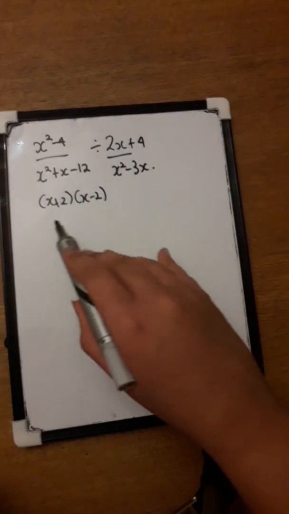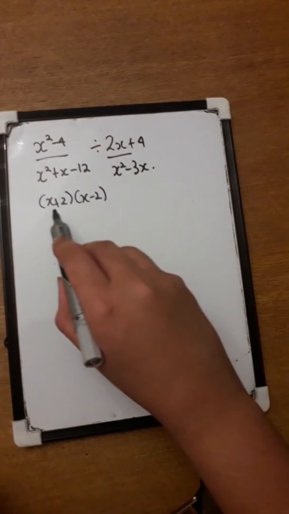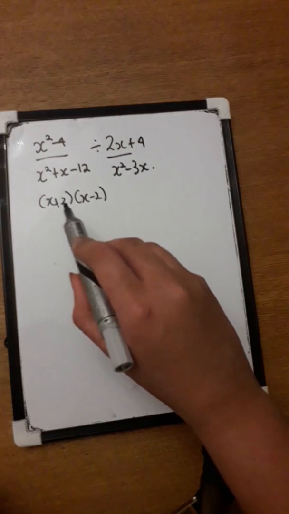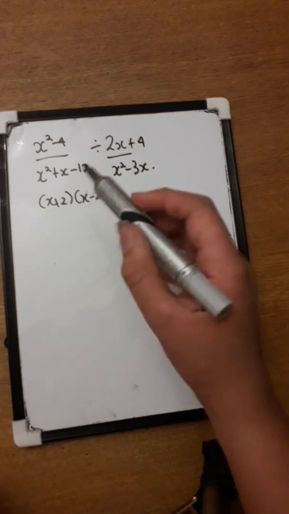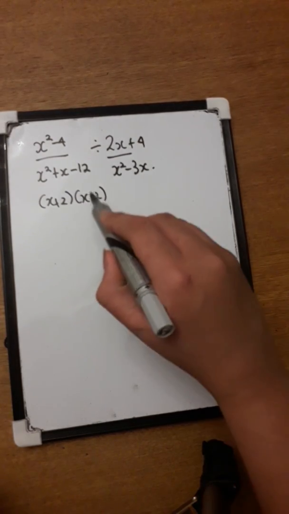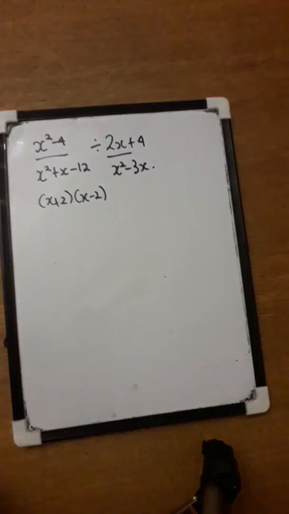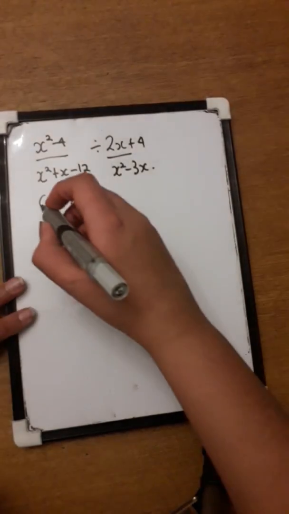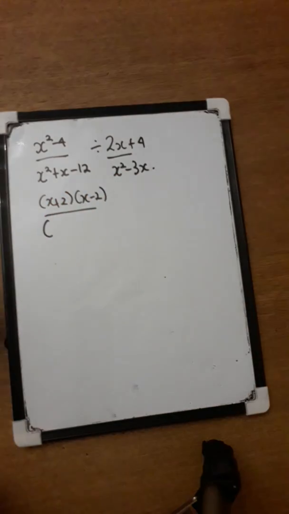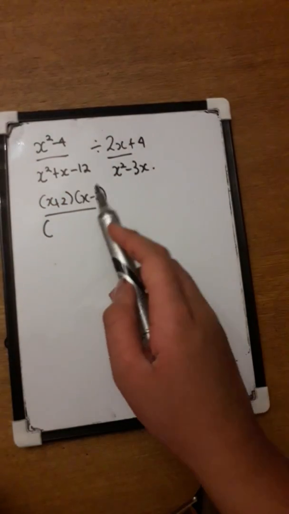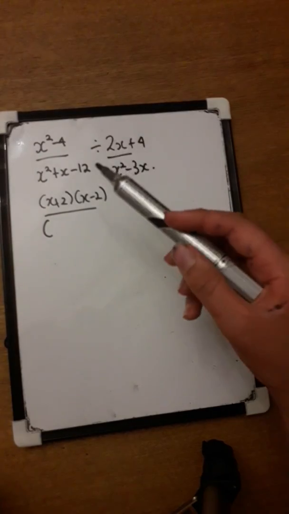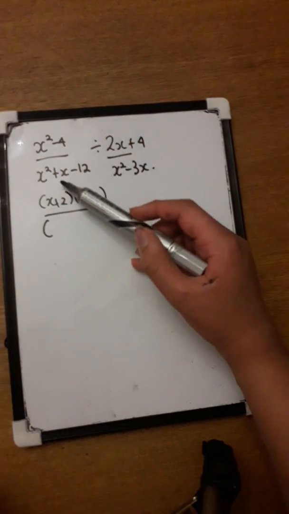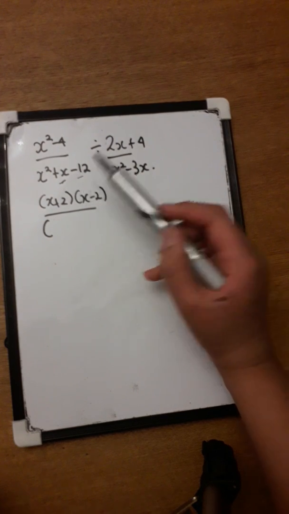This is because x times x is x squared, minus 2x plus 2x is 0, and plus 2 times minus 2 is minus 4, so it's x squared minus 4. Over, as we know that the top is (x plus 2)(x minus 2), the denominator is most likely to contain one of these. As you can see, this is a positive and this is a negative.